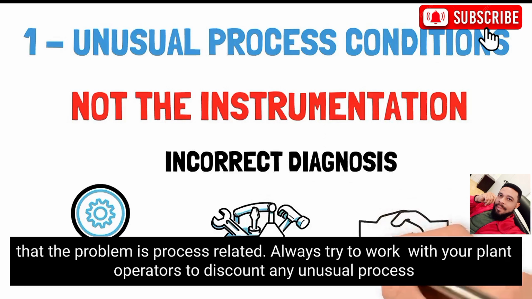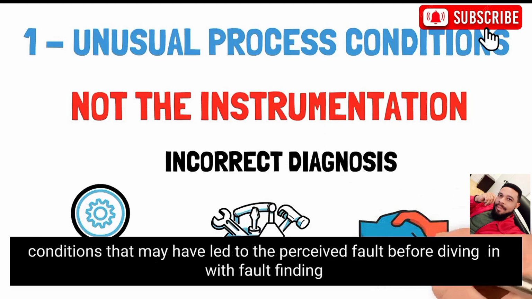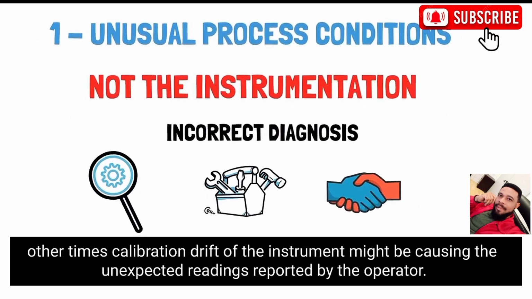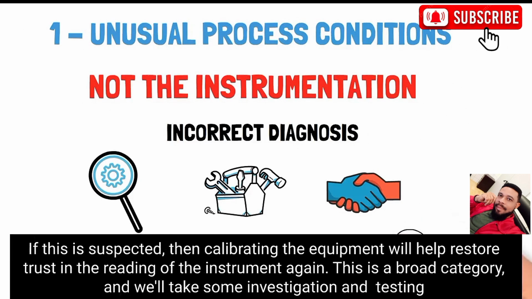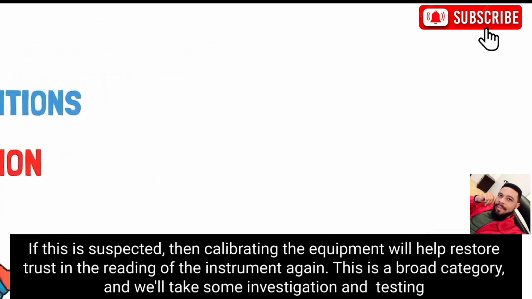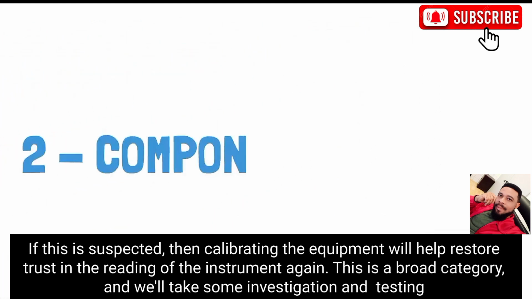Always try to work with your plant operators to discount any unusual process conditions that may have led to the perceived fault before diving in with fault finding. Other times, calibration drift of the instrument might be causing the unexpected readings reported by the operator. If this is suspected, then calibrating the equipment will help restore trust in the reading of the instrument again. This is a broad category and will take some investigation and testing.